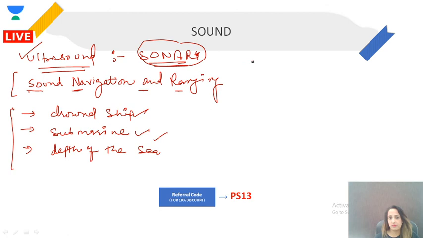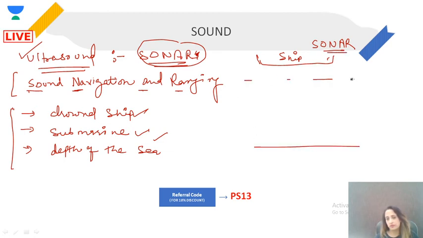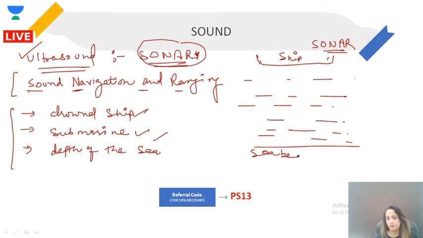So for example, we have this ship over here which has this sonar system loaded with it. So this is water, too dark, and this is the seabed, right?